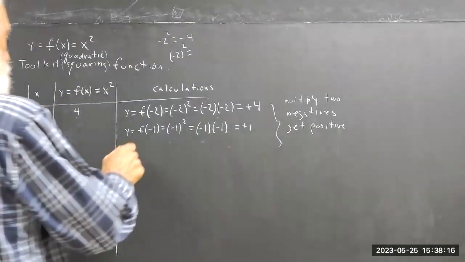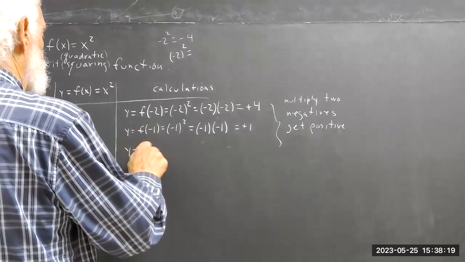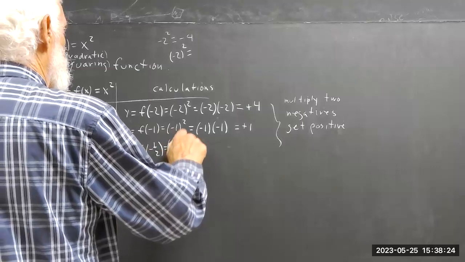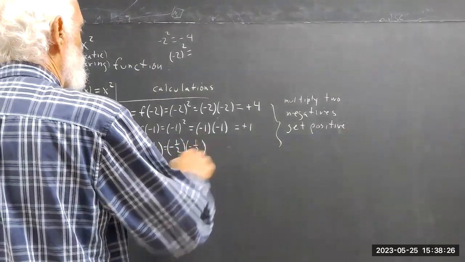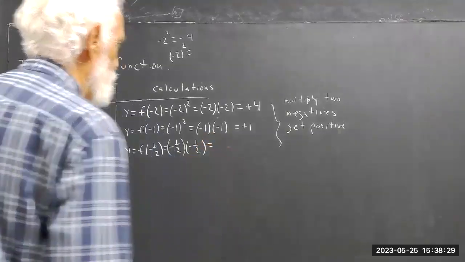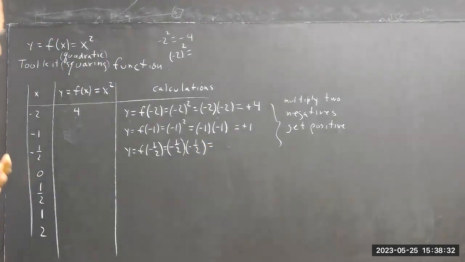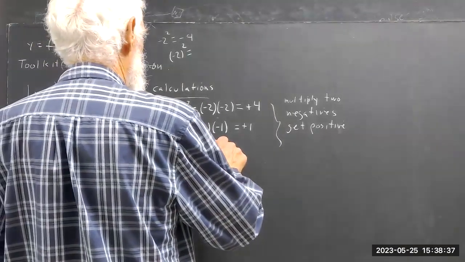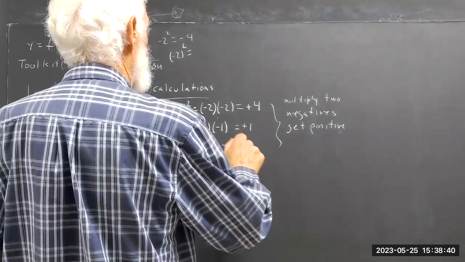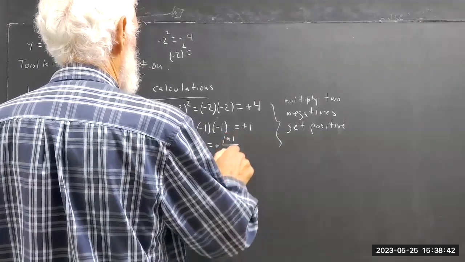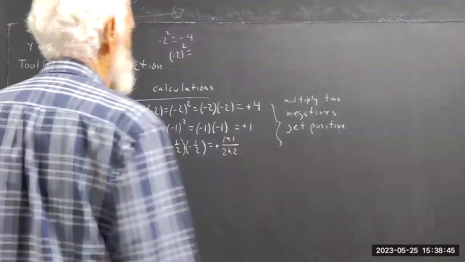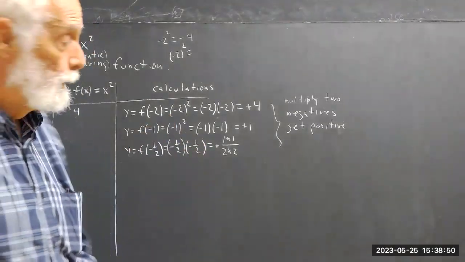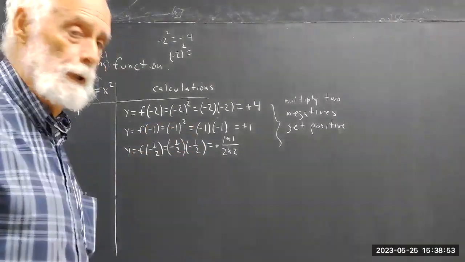Now here, -1/2, you got y equals half of -1/2. That's -1/2. That's -1/2. What's that? Well, it's going to be positive because we have a negative times a negative. It's got a numerator that's 1 times 1, and a denominator that's 2 times 2. Why is that? Because the rule is when you multiply fractions, you multiply the numerators and you multiply the denominators.